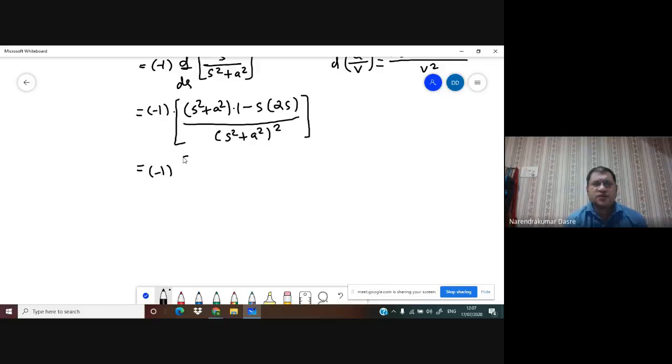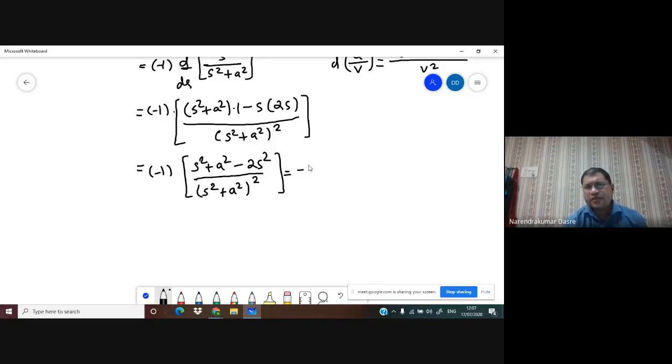So minus 1, and let us simplify the numerator. So I'll be having a square plus a square minus 2s square upon s square plus a square, and I'll be having bracket square.